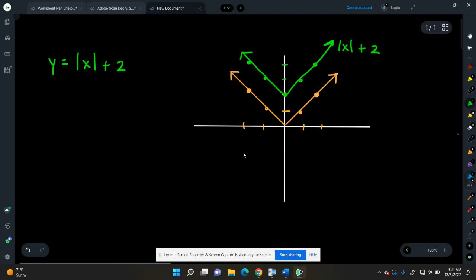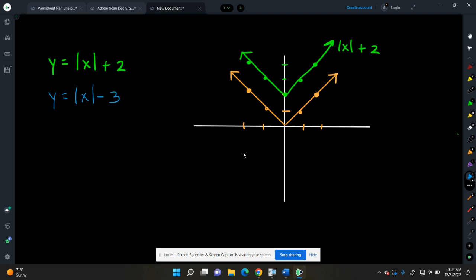Okay, so what do you think this one would look like? Absolute value of x minus 3. We go down. Which color? The orange moves down 3, yes. Every single point moves down 3. And you do count the axis.